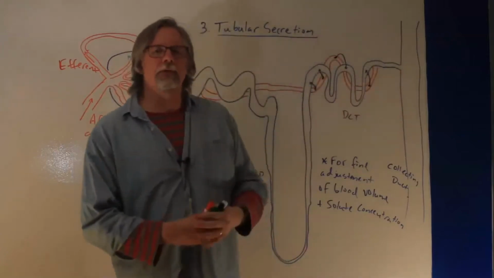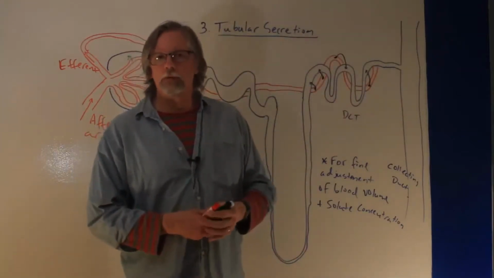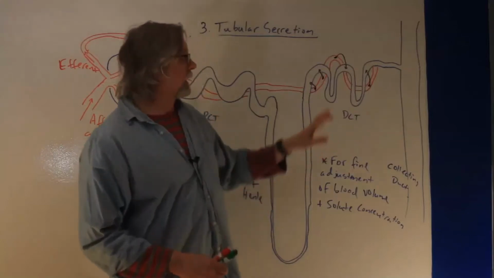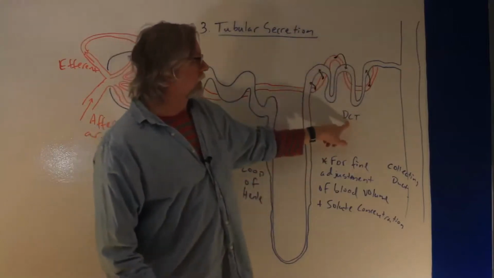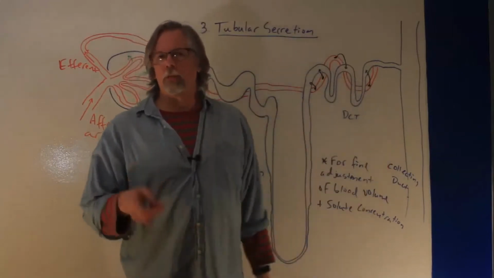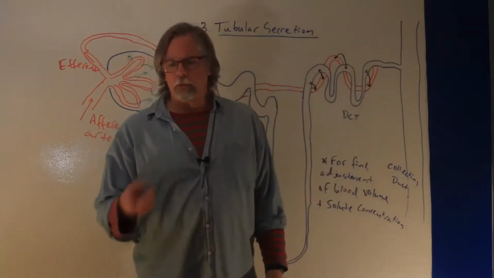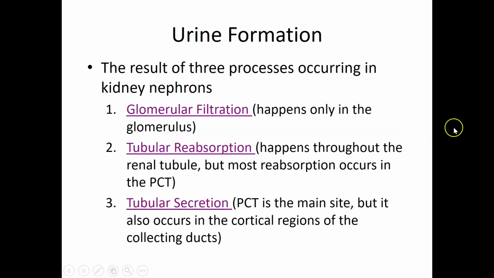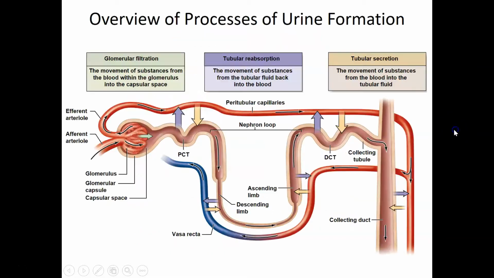And that process can be regulated by hormones. And that's the main site of regulation, is the distal convoluted tubule and the collecting duct. We'll talk about hormone regulation a little bit more later on. All right, so that's an overview of the three main processes involved in urine formation by the kidney nephrons.